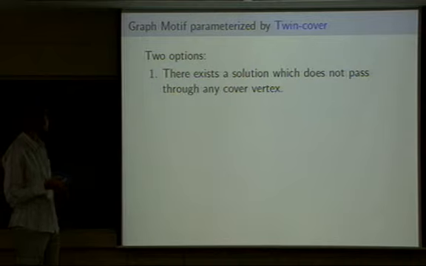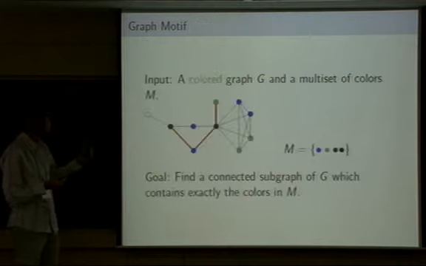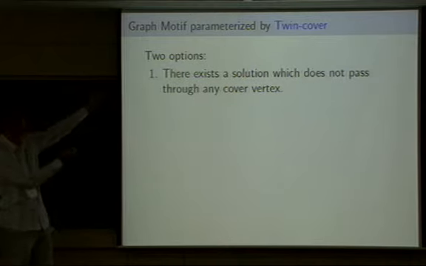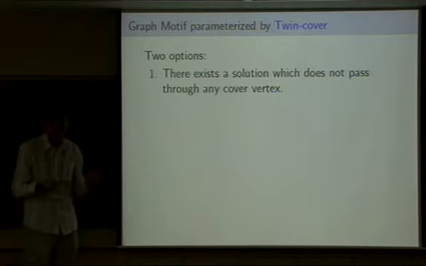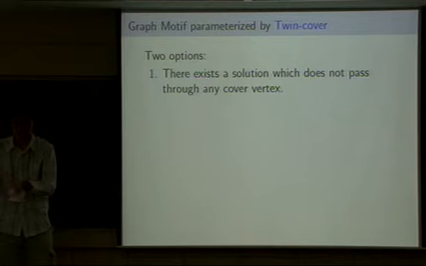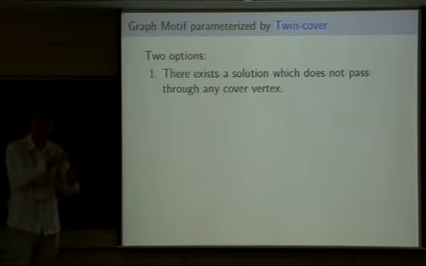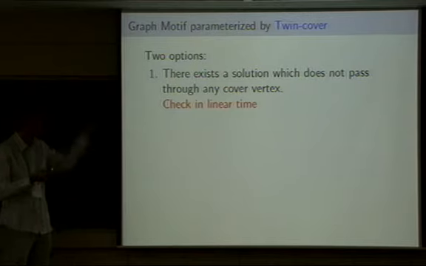And to solve this problem, if you just look at how the solution works on graphs of bounded twin cover, either there is a solution outside of any cover vertices, so then the solution is just in one of the cliques. You can check that in linear time. It doesn't go to any cover vertex, so that's easy.